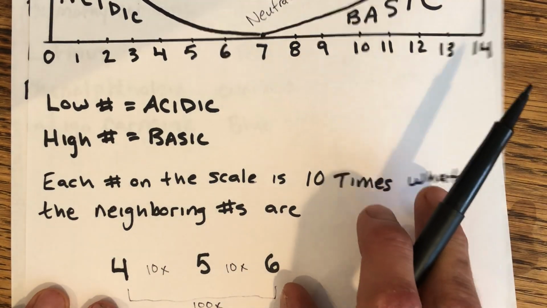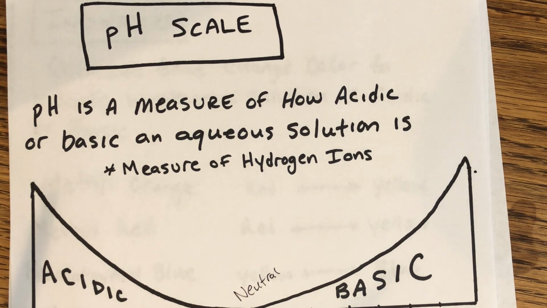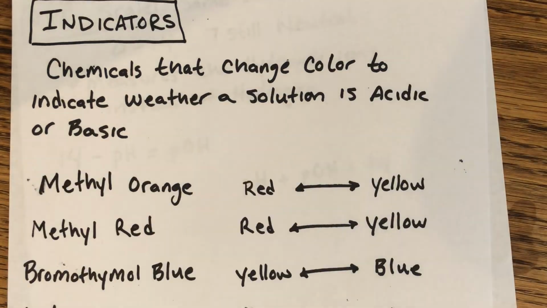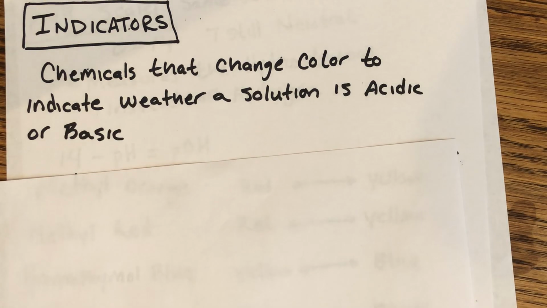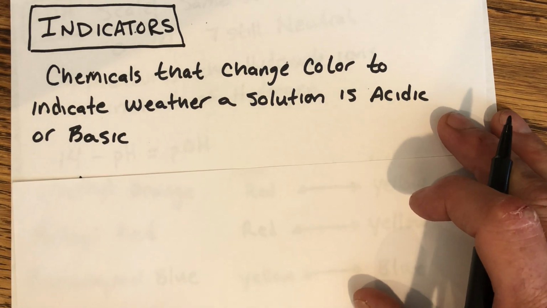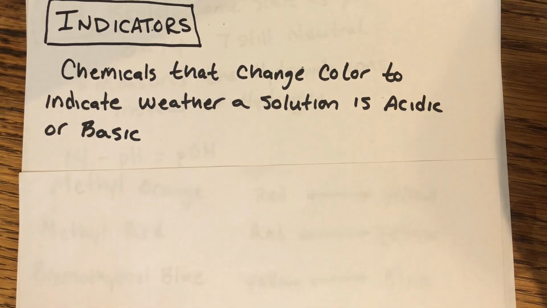Okay, and pH is kind of interesting. It's a really fun thing to do in lab, to use what we call indicators, and indicators are chemicals that you can add to a solution that will change color based on whether the solution is acidic or basic.